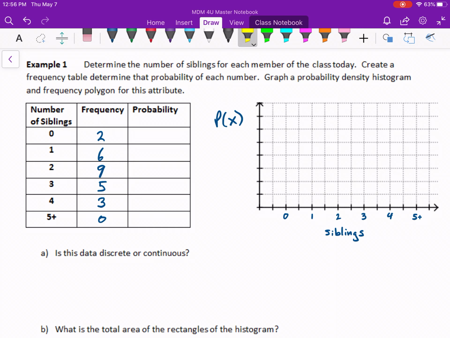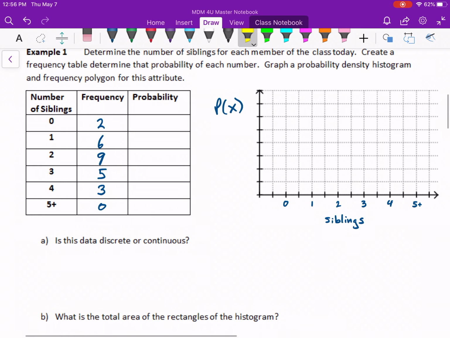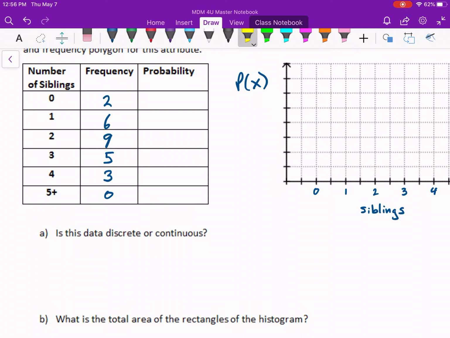So if I was to randomly pick someone in this class, and I want the probability that I get someone who had 0 siblings, then I can calculate that, right? It's the number of possible successes divided by the total number, which means I have to know the total number of people in the class. I get that by adding up the middle column. 2 plus 6 plus 9 plus 5 plus 3 plus 0 equals 25.